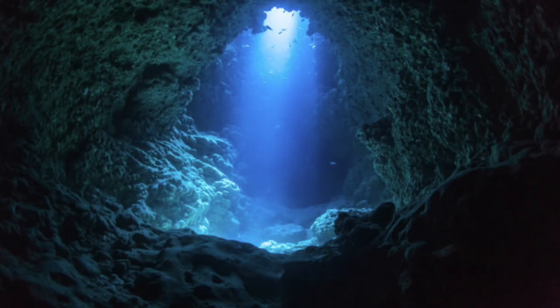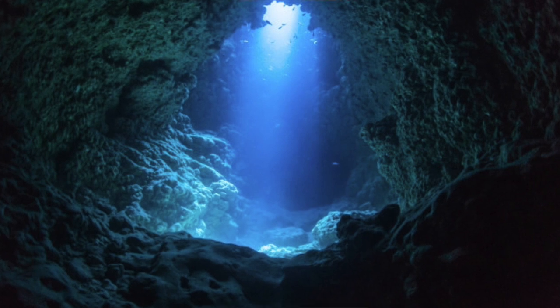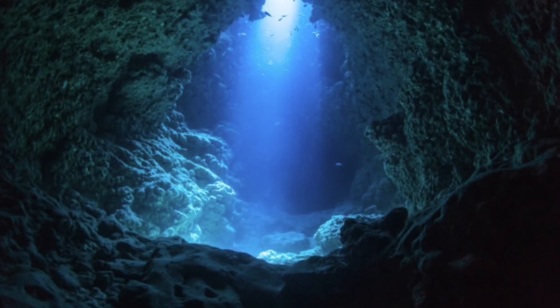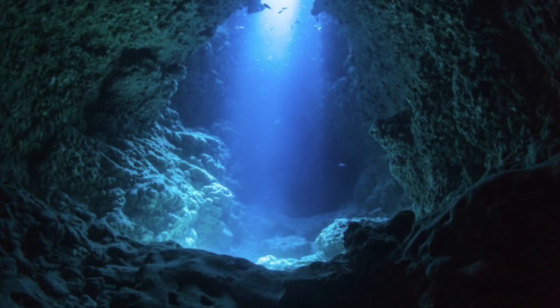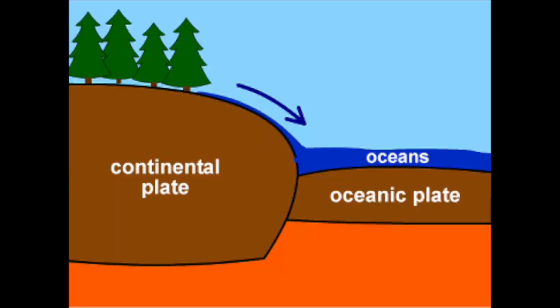And so they sit lower on the mantle, and you end up making a pool, an area that's lower down than the continental crust. And it's in that area that the water pools, that the water gathers. And it's in that area that the oceans formed.